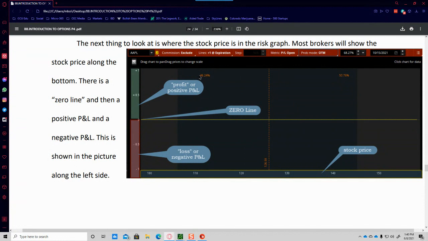And if you look at the top, there are 2 percentages there, 53.76, 46.24. If we add them together, we get 100. From price moving up, there is a 53.76% chance that price would hit the edge of the expected move by October 15. And there is a 46.24% chance that Apple would hit the bottom of the edge of the expected move, or the 1 standard deviation, by October 15.